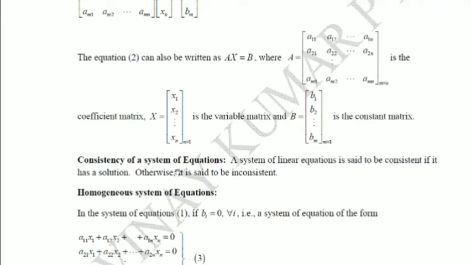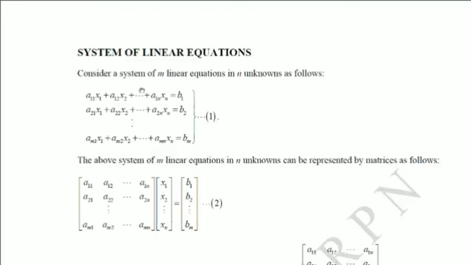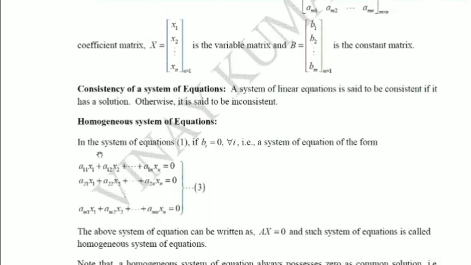The next question is: the system of linear equations is further classified using the homogeneous condition. So what is meant by a homogeneous system of equations? Similarly, opposite to this, the non-homogeneous system of equations will also come into the picture.